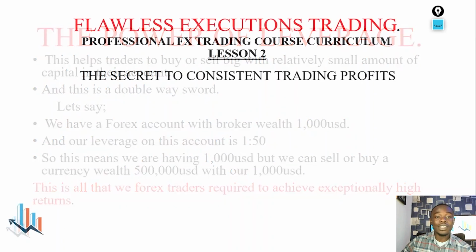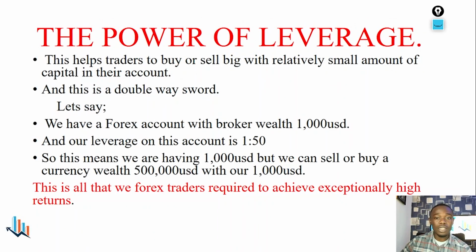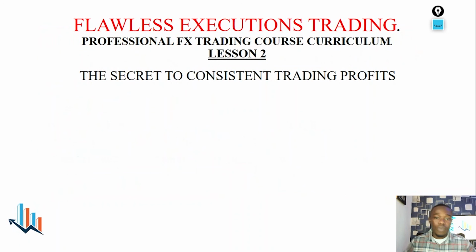on our investment. So this brings us to the end of lesson 1 part 2, and this is what we are going to learn next week. Lesson 2 is about the secret to consistent trading profits.